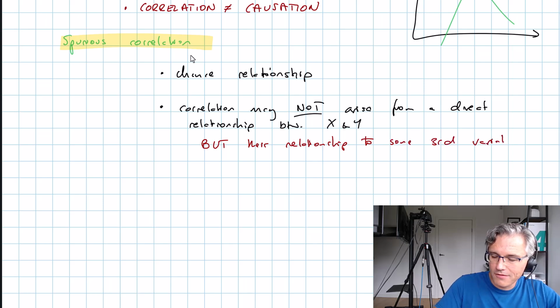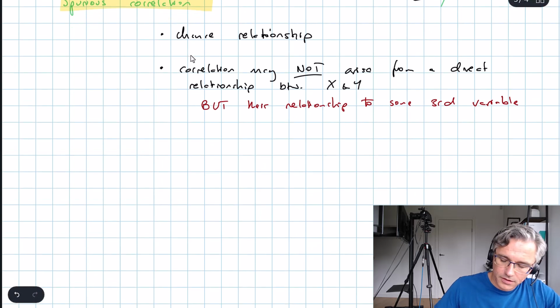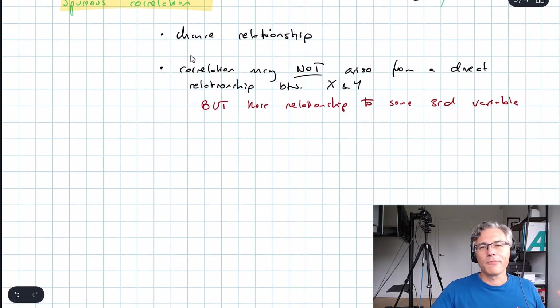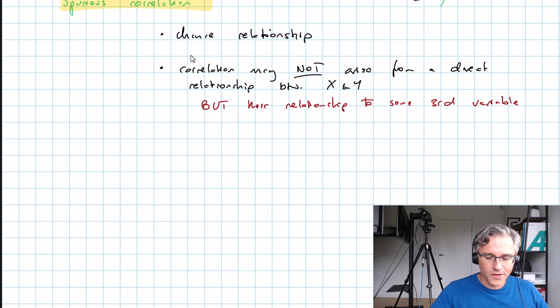And the curriculum gives a really nice example, which I find appealing because it's so nice and simple.